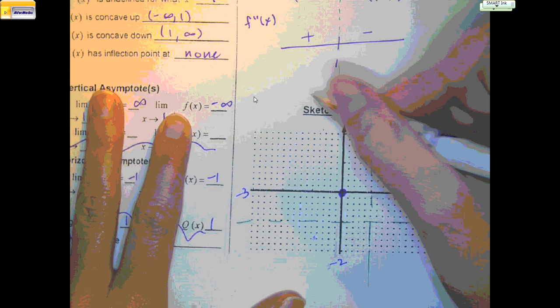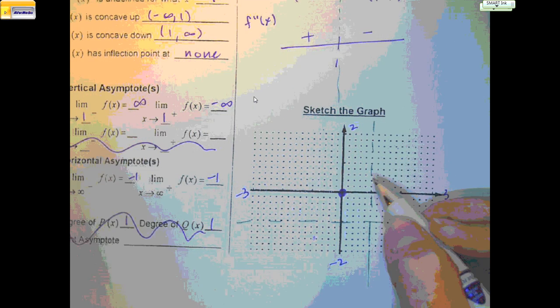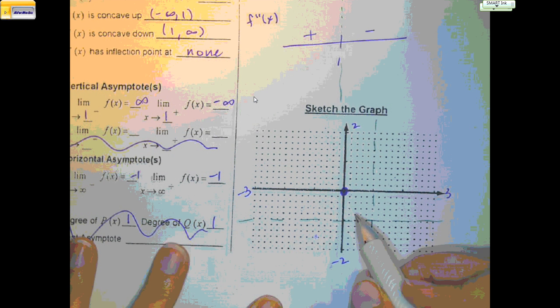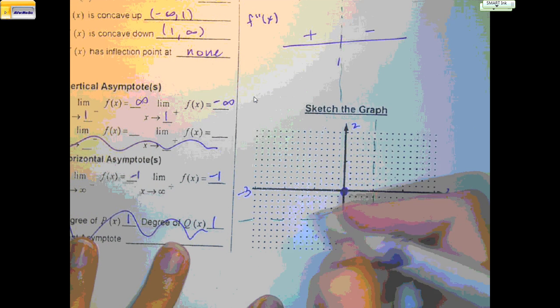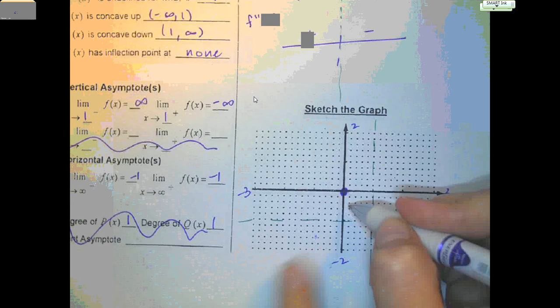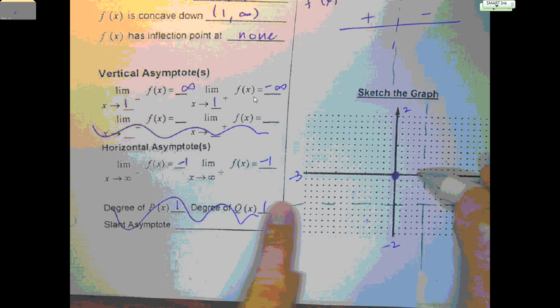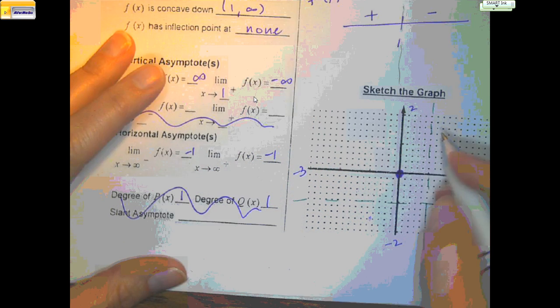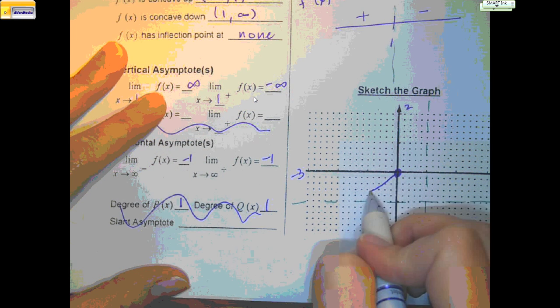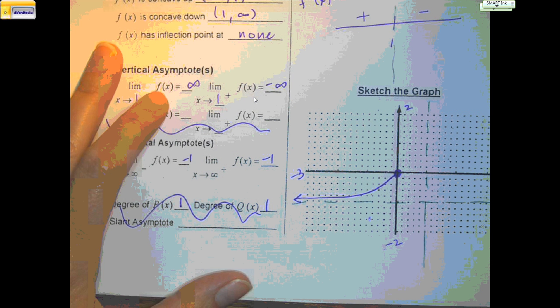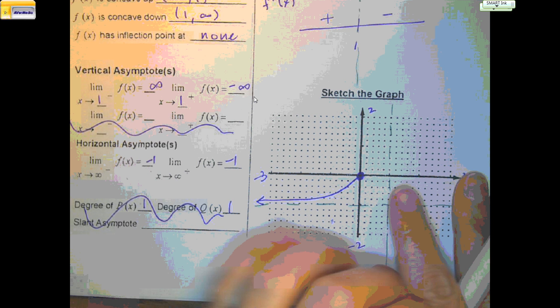As this thing approaches negative infinity, it's approaching negative 1. So we're increasing, it's concave up, and now it's approaching negative 1. Between 0 and 1, increasing, concave up, so it finishes out the smiley, and I know that it is approaching positive infinity according to our limits here on the left.